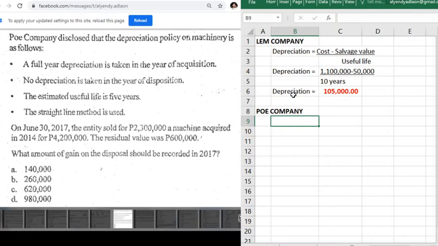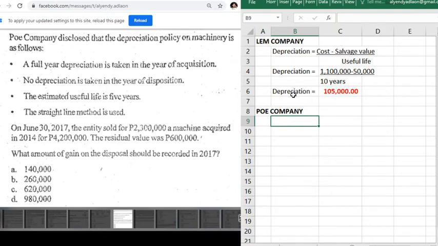Now, Poe Company disclosed that the depreciation policy on machinery is as follows. First, a full year depreciation is taken in the year of acquisition. This means, class, that whether the company has purchased the machinery at the beginning of the year or at the middle of the year, it will still have a full year depreciation.